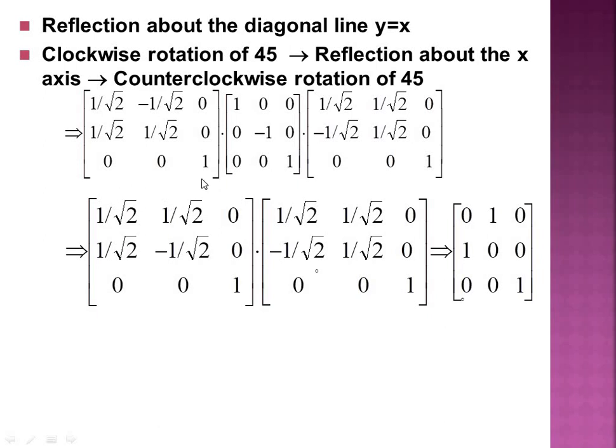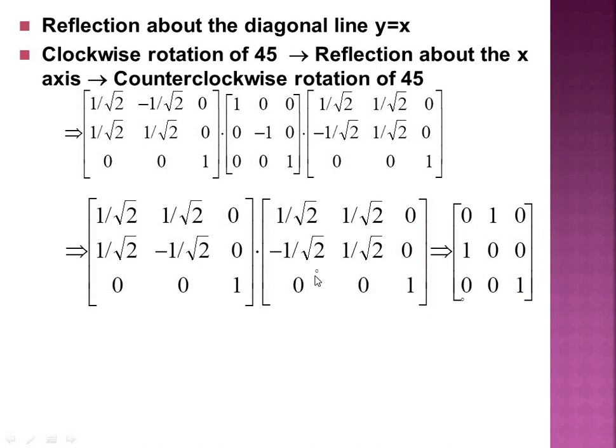Now we have multiplied the first two matrices and copied the result as it is. In the next step we multiplied these two matrices also, and in this way we get this final matrix. As you can see, this is the matrix that we have already seen in the previous slide, and we have derived that matrix with this sequence of operations.